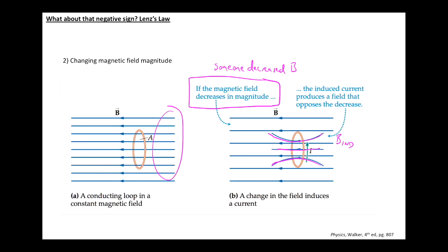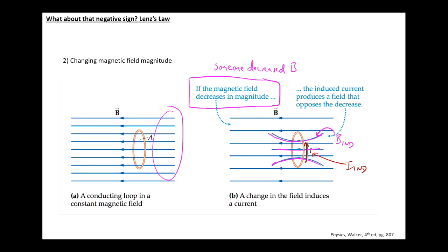And it's just going to live with itself as it is. It's just going to be a loop of wire once again. So let's see. B induced, that's all of these little pinkish lines, and we'll say that this current here, that is I induced.